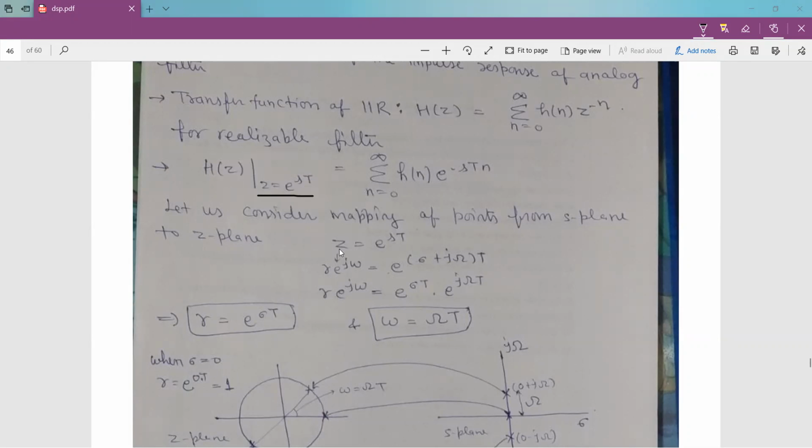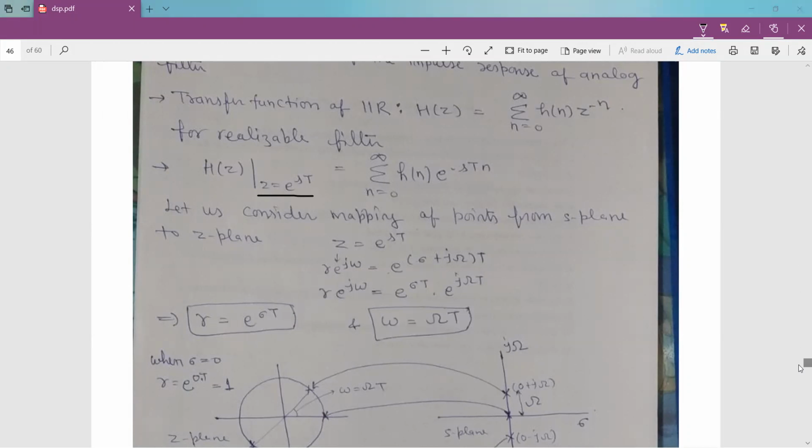If we put the value of z as r e raised to the power j omega, and the value of s as sigma plus j capital omega, and equate the magnitude and phase parts, we obtain r equal to e raised to the power sigma T, whereas small omega is equal to capital omega T.